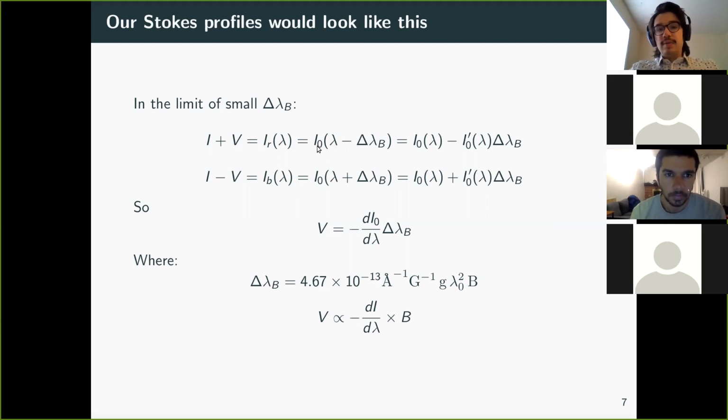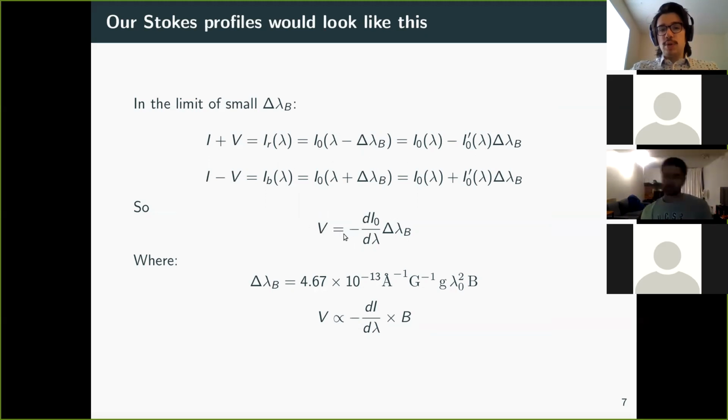And then I will write this using Taylor expansion. And if I do this for both I plus v and I minus v and subtract to find v, what I'm going to get here is something like this.